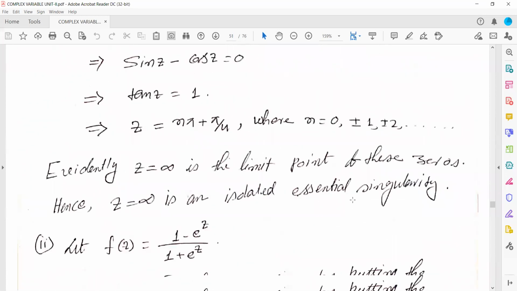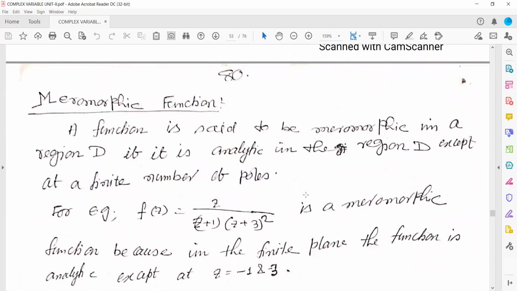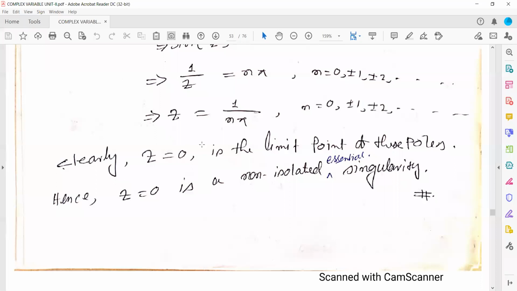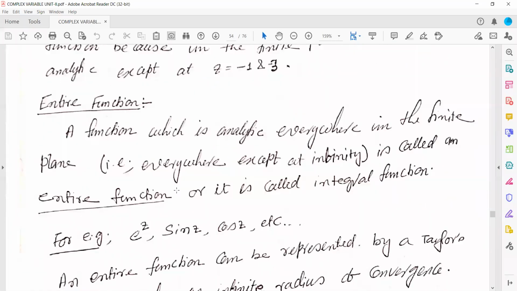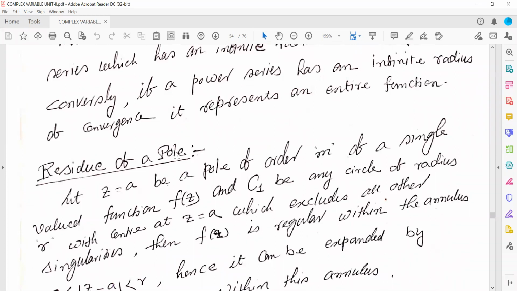And then some different kinds of functions are there, like meromorphic function, entire function, and then residue of a pole, how to calculate the residue. This is the last part, and that will be the completion of your syllabus. So tomorrow we'll do all this part.